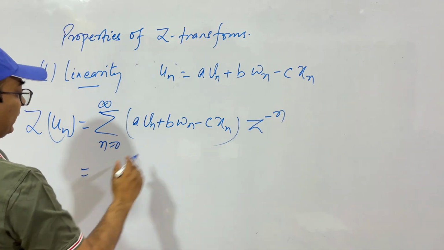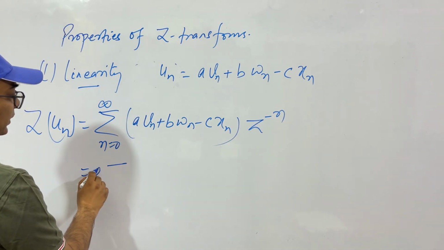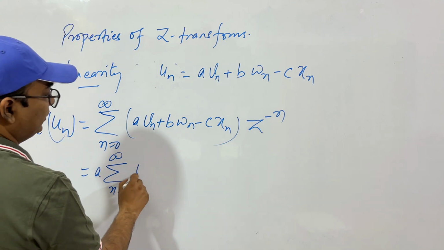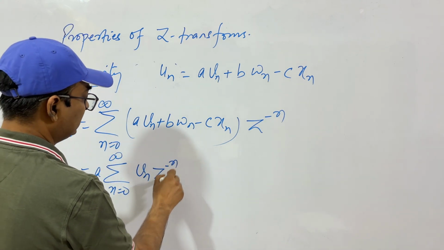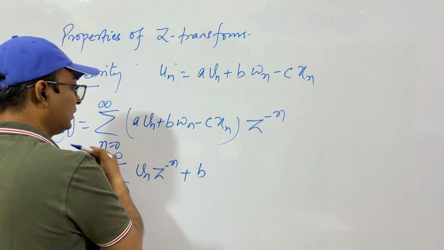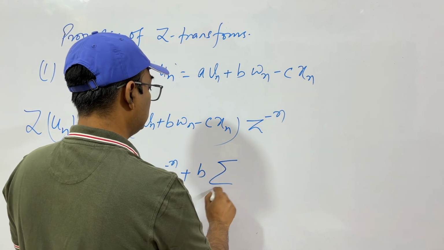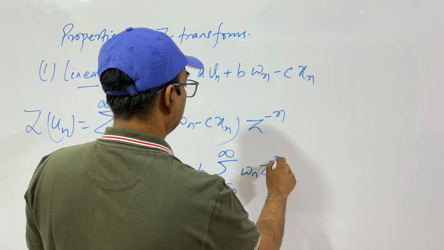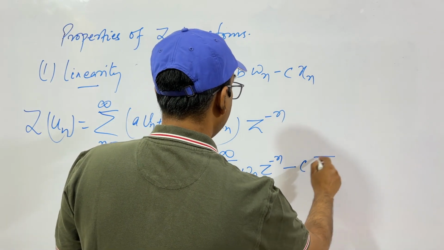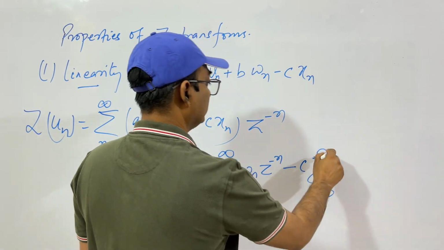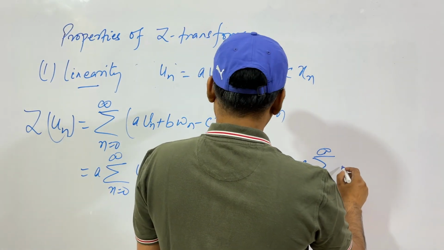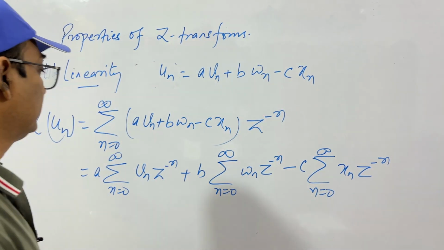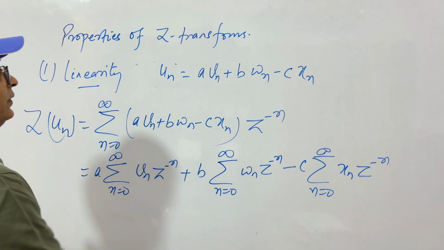If you rearrange, you get a times the sum of v(n) z to the power minus n, plus b, again a constant so it can be taken out, the sum of w(n) z to the power minus n, minus c times the sum of x(n) z to the power minus n. You see this?